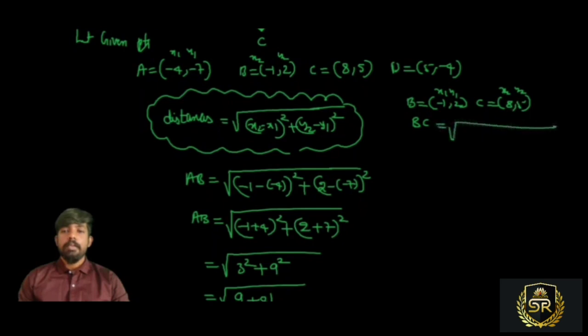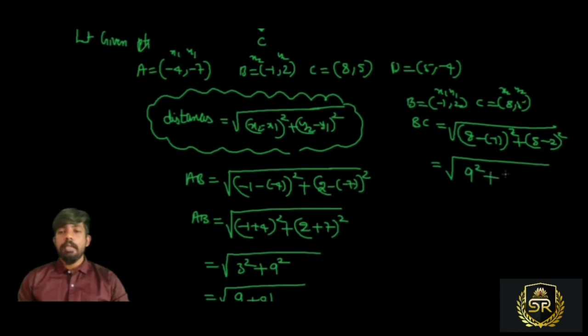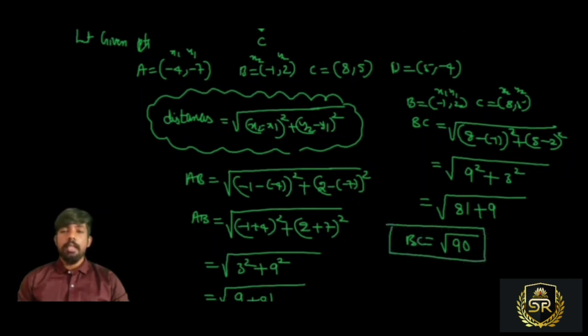BC distance equals root over x2 minus x1, 8 minus of minus 1 whole square, plus y2 minus y1, 5 minus 2 whole square. 8 plus 1 is 9 square, plus 5 minus 2 is 3 square. 9 square is 81, 3 square is 9, therefore 90. BC equals root over 90.